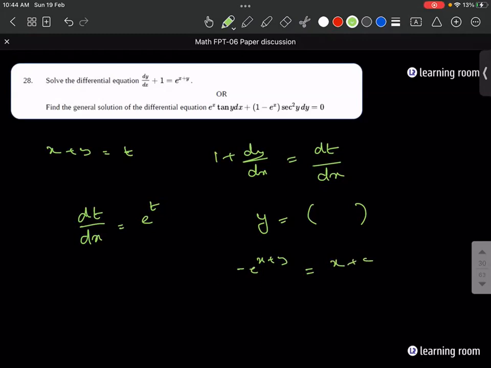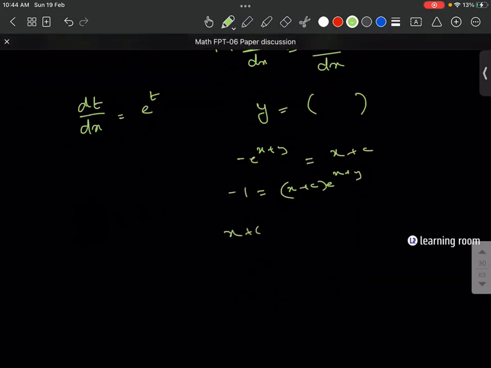So you can write minus 1 is equal to x plus c into e power x plus y. You can leave it like this. x plus c into e power x plus y plus 1 is equal to 0. This is also accepted. This is also a solution only. Okay, sir.